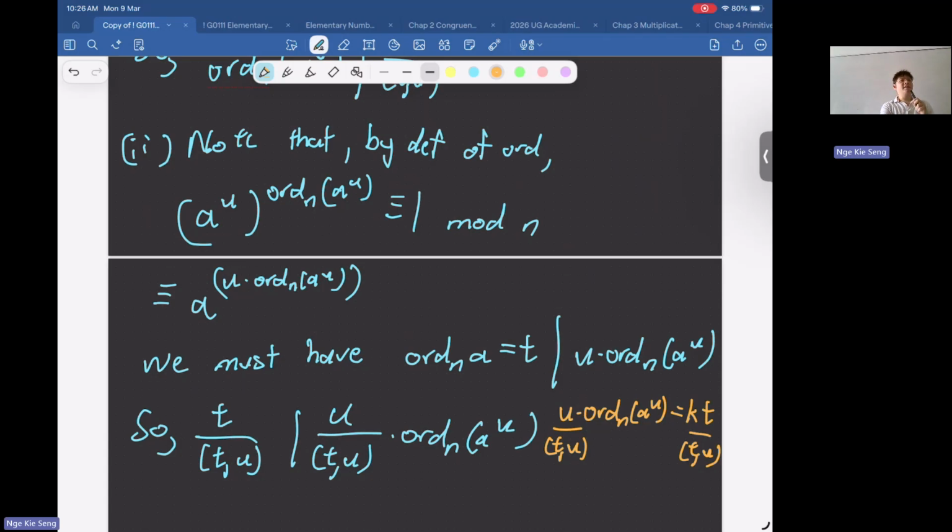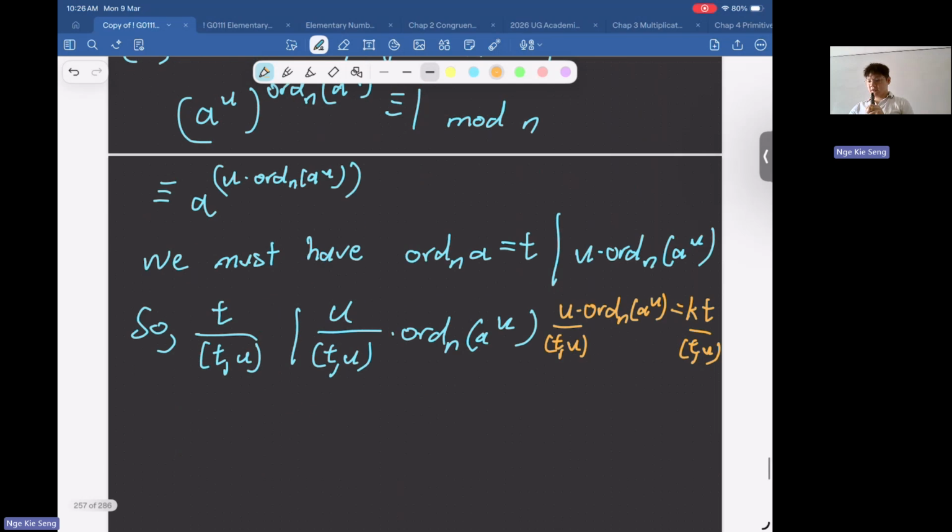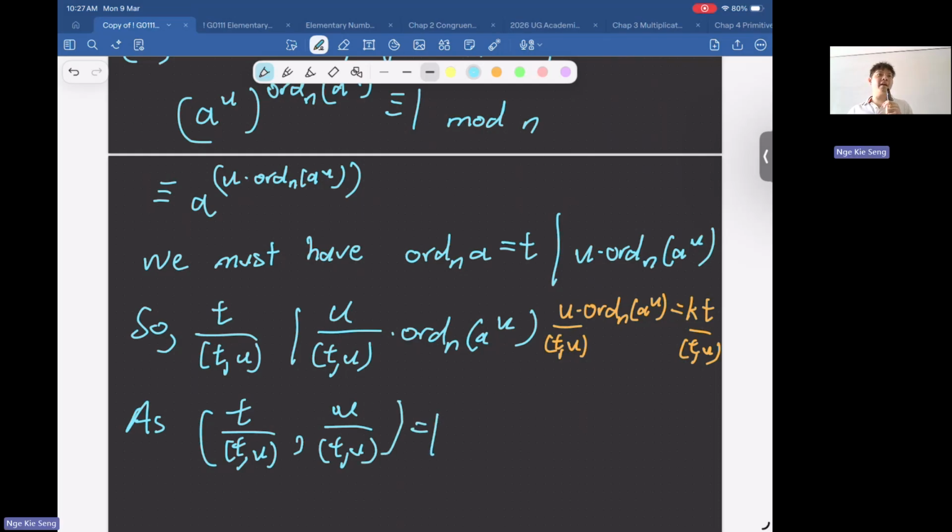But then what do we see here? There's a very important observation. You have removed the GCD, which means you remove all the common divisors between T and U. So T over GCD(T,U) and U over GCD(T,U) have GCD 1.